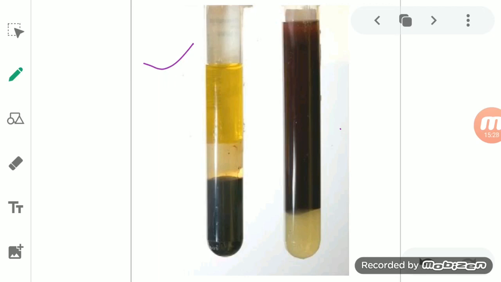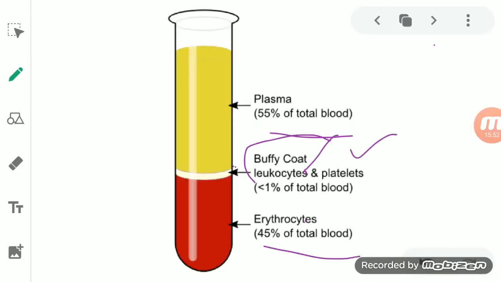The second one, it is used in the washing machine to squeeze out the water from the wet cloth and make it dry, as well as it helps in separation of the blood components from each other, including plasma, white blood cells, which are leukocytes, and erythrocytes, which are also known as red blood cells. Okay, so this is the basic function and application of centrifugation.